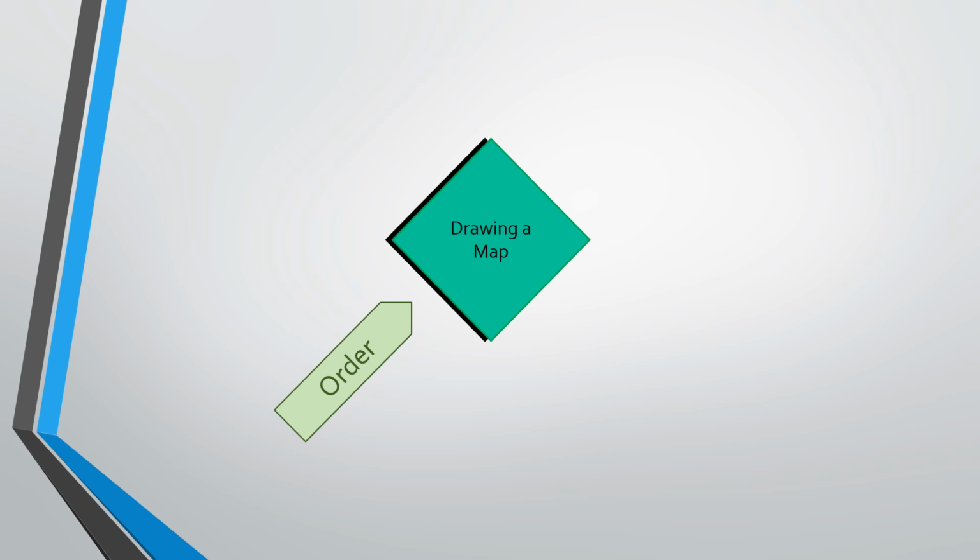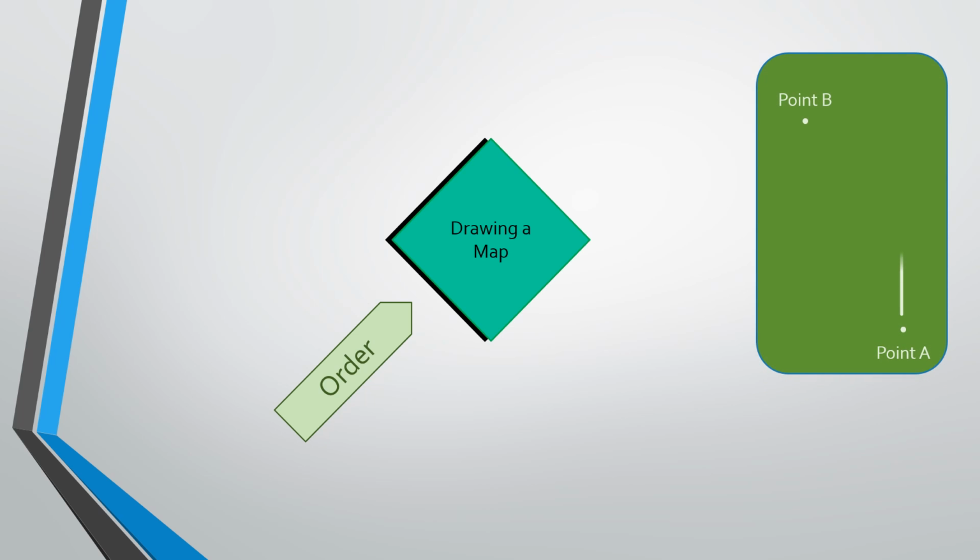After all, a map doesn't simply get you from point A to point B. It gets you from point A to point B by first going from point A to point A1 and then going from point A1 to point A2 and so forth until finally the next and last step is point B, your destination.